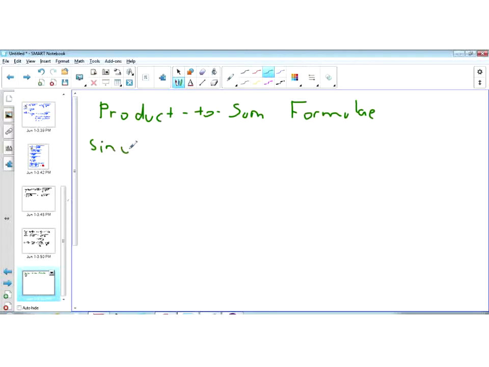So for instance, suppose I have a product of sine of u times the cosine of v, and we want to convert this product into a sum. Okay? So it turns out that this is equal to 1/2 times the sine of the sum of u and v plus the sine of the difference of u and v.